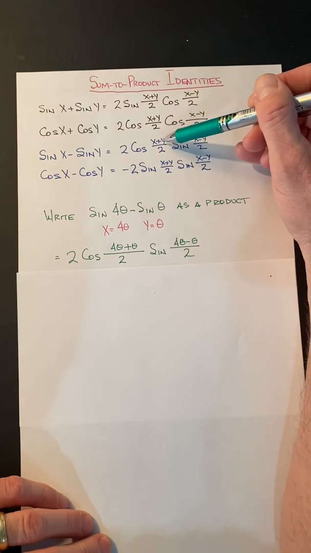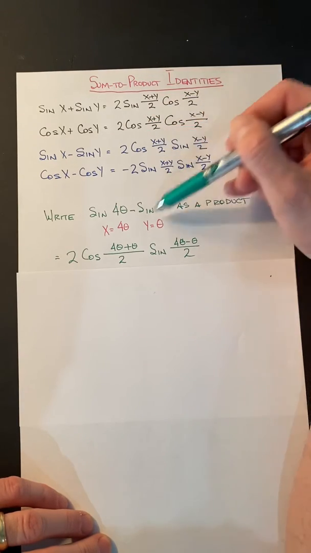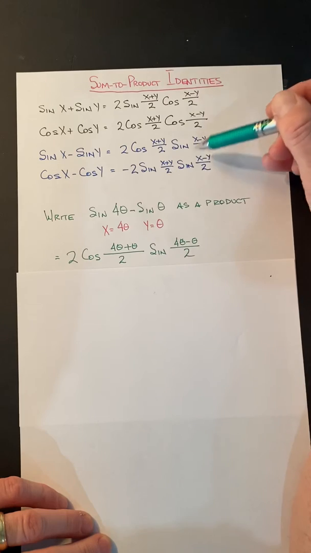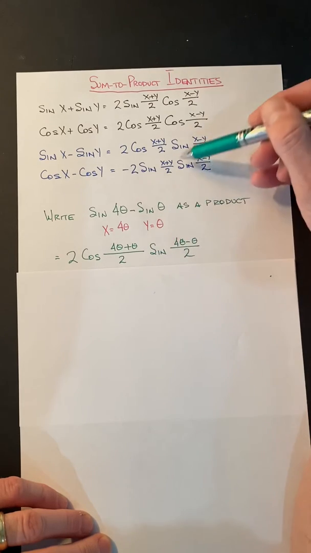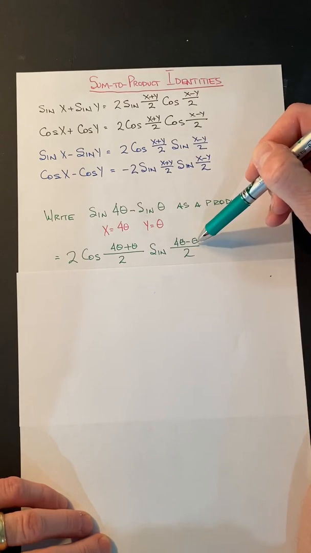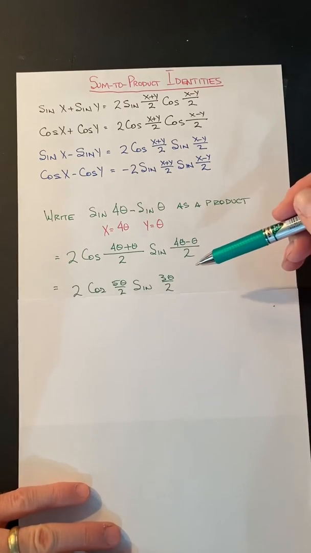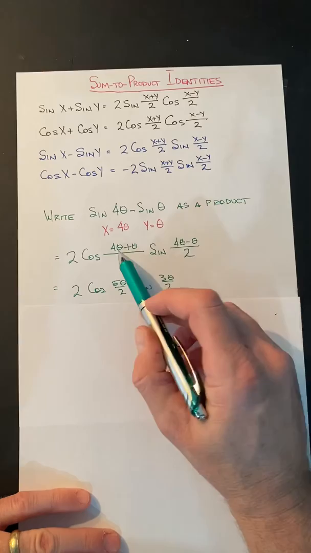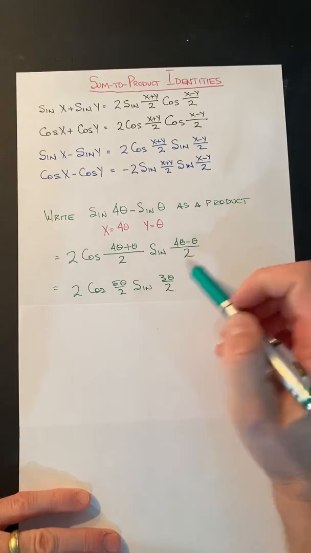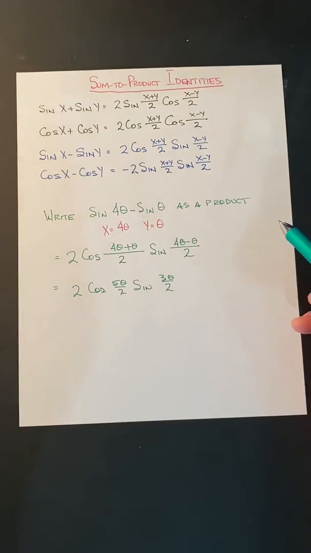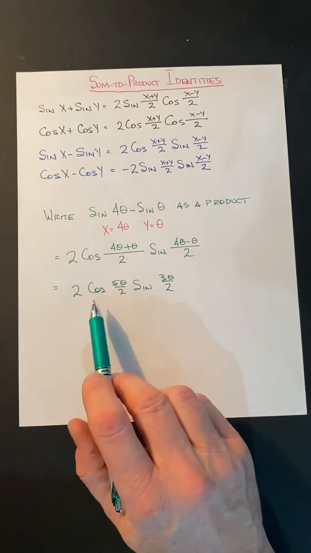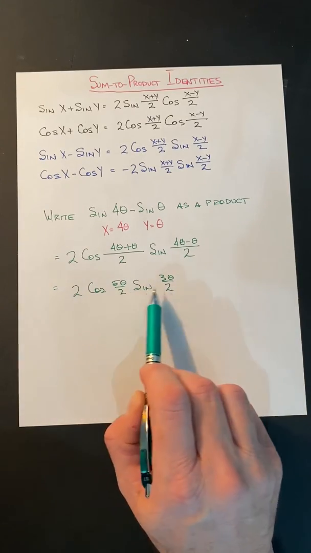Once I've identified that, I just have to go through and plug these things in. So I'm going to have a cosine of 4 theta plus theta all over 2 times the sine of 4 theta minus theta over 2. All right, so I want to simplify those. And that's going to give me a 5 theta and a 3 theta. And the temptation here is to maybe try to cancel that 2 out.